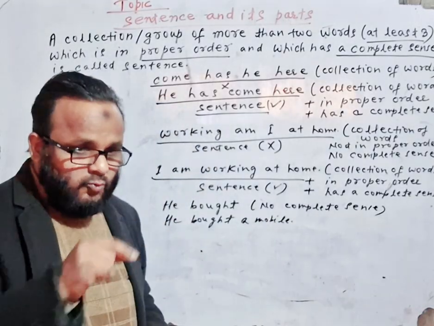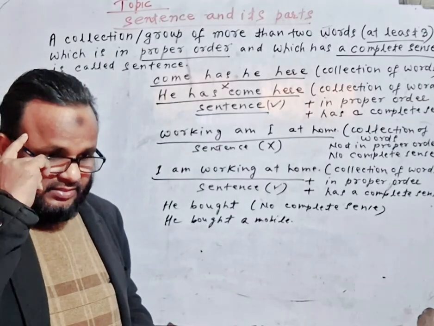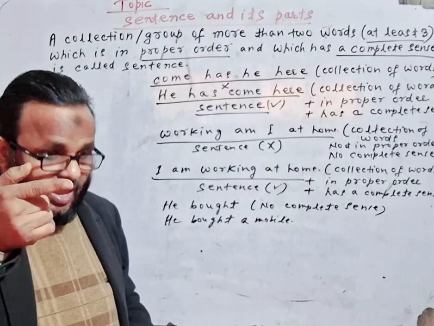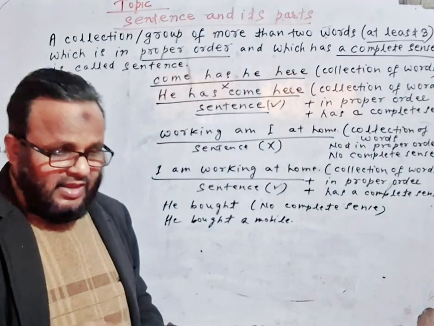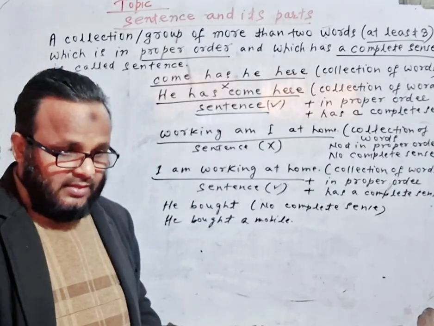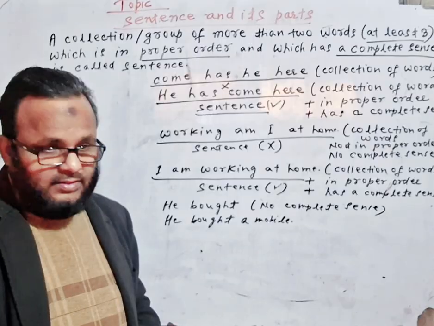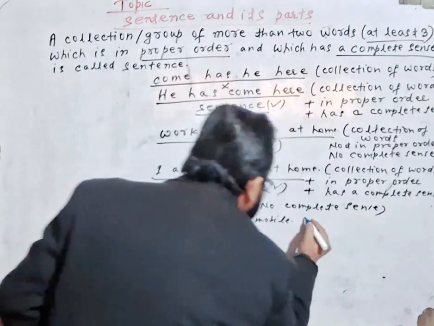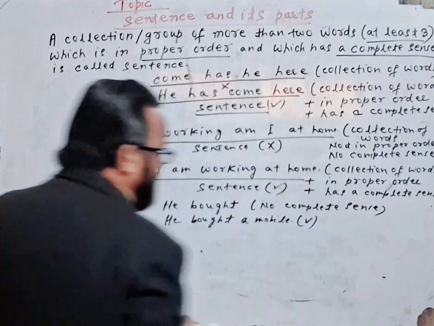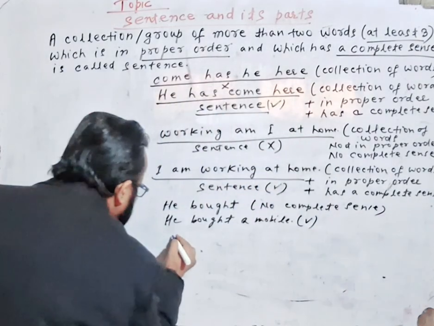Now you check your mind. आगे सोच रहा है? He bought a mobile. No. नहीं. स्टॉप हो गया. सेंस कंप्लीट. तो दिस इज सेंटेंस.